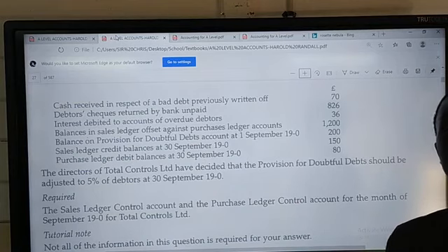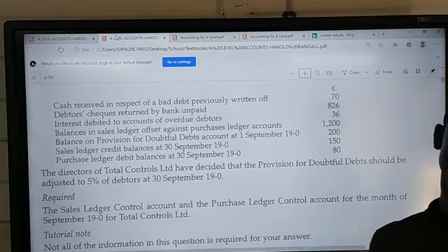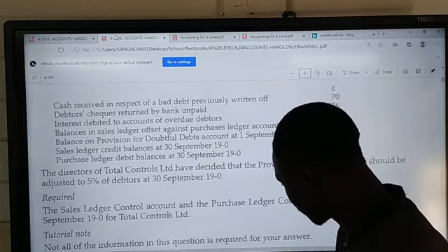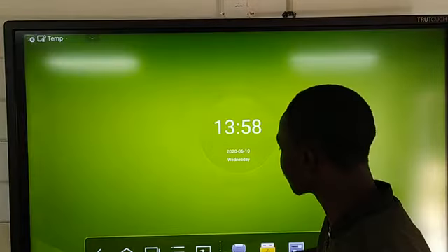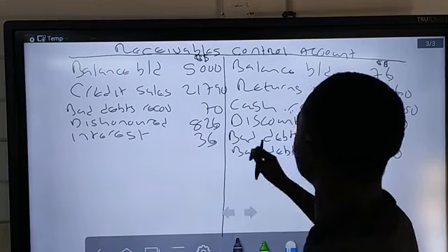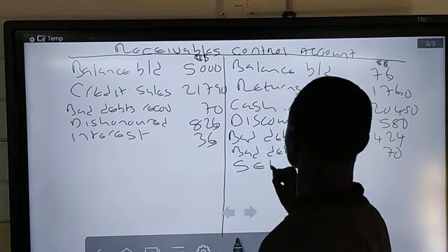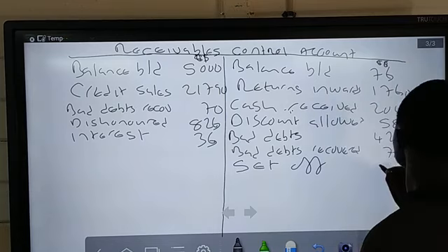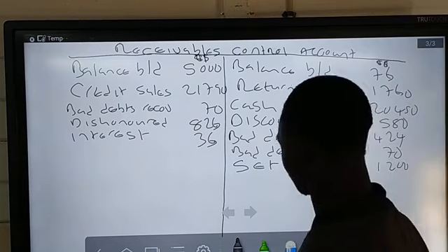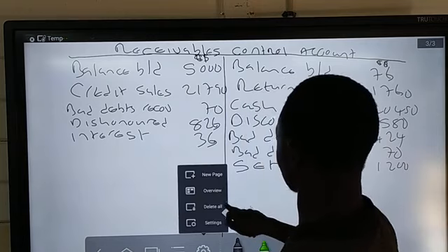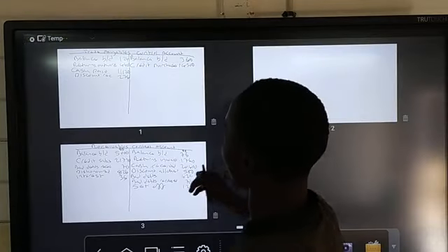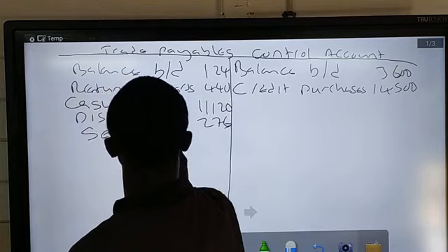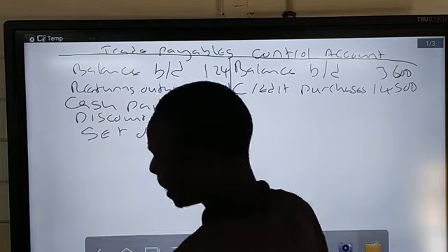A set off is recorded in both the receivables control and the trade payables control. So let's go record it. It's recorded in both accounts. So here we record our set off. Our set off is 1,200. Then we go to the other account, the receivables control set off. The same amount is recorded in both accounts.